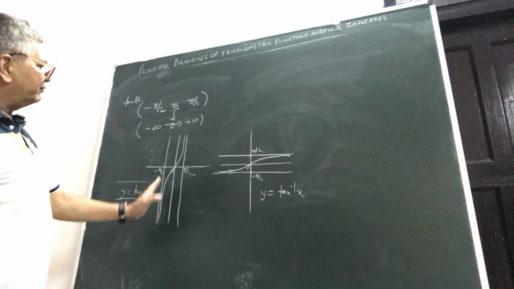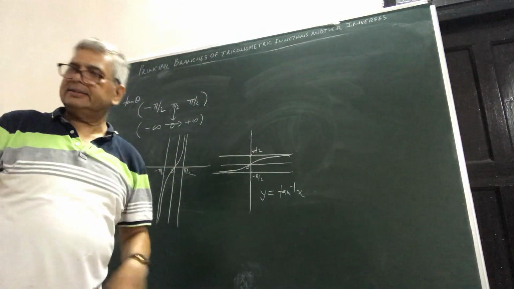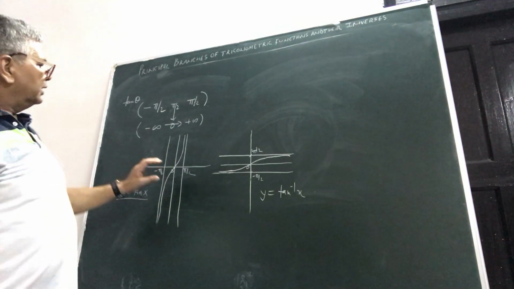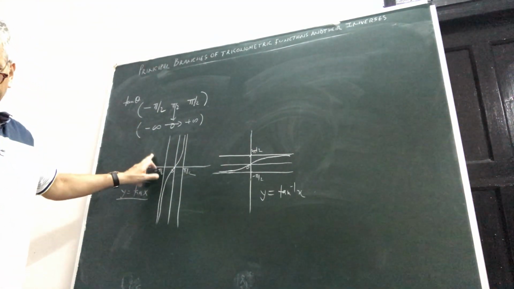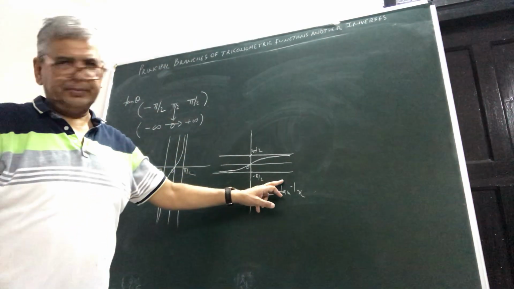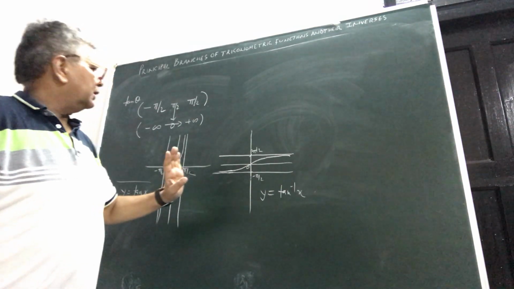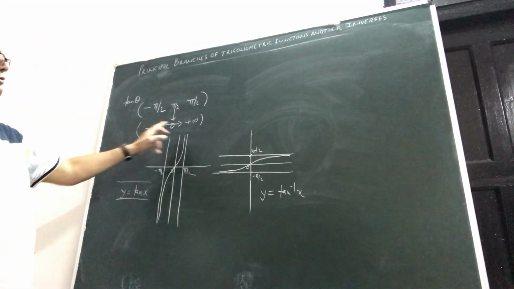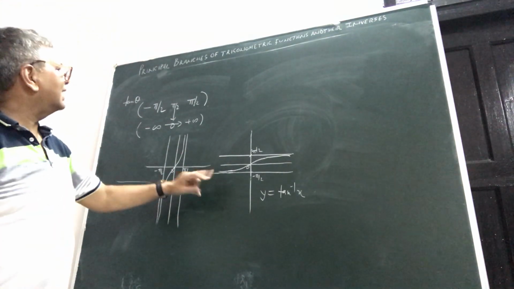Same thing. Here, instead of vertical lines, you draw horizontal lines. Same at the spacing of pi by 2. The branch will remain the same. Principal branch here for tan x is minus pi by 2 to plus pi by 2. Same here. It is minus pi by 2, sorry, it will be now what? Minus infinity to plus infinity. See, when you change it horizontally, then what is happening?